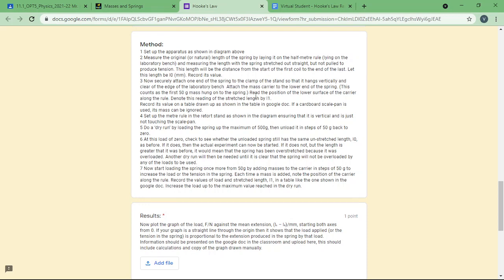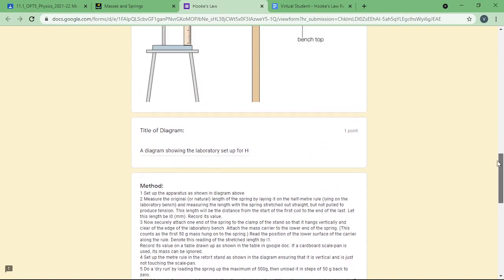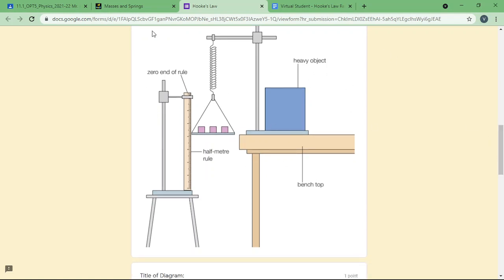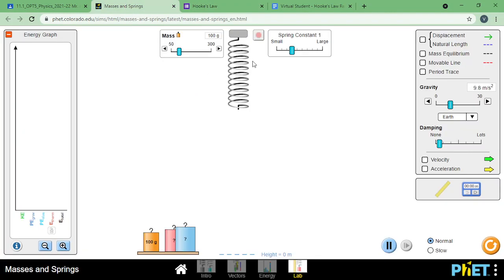So what you're understanding from all of this is basically what you're seeing in the diagram. Good. Now what is in the diagram is not how it's set. We do not have a scale pan, a carrier for the mass.